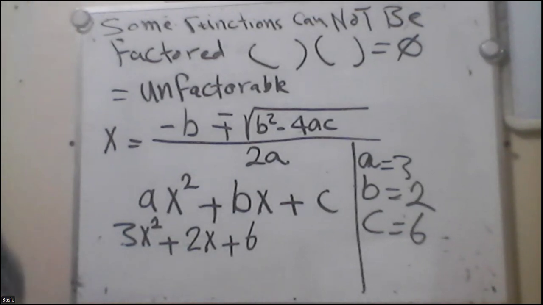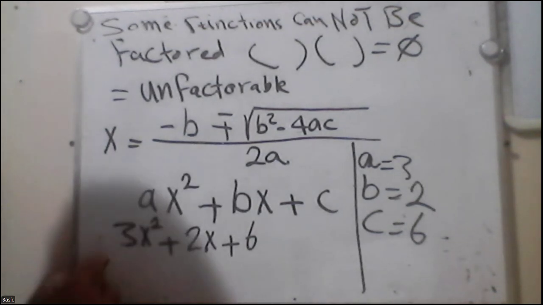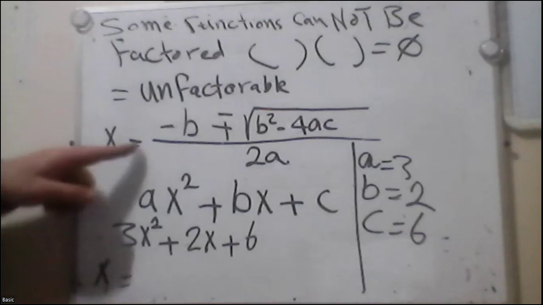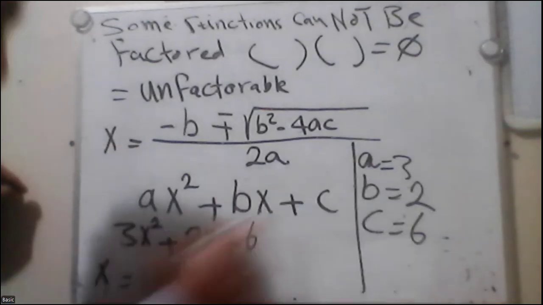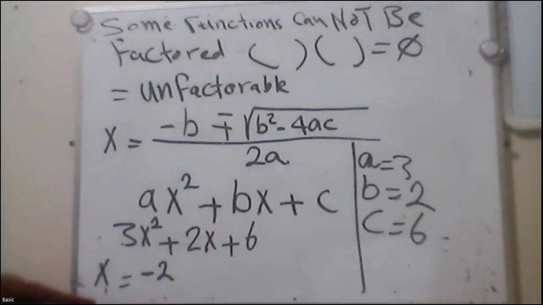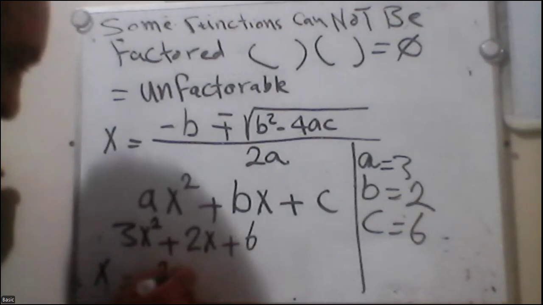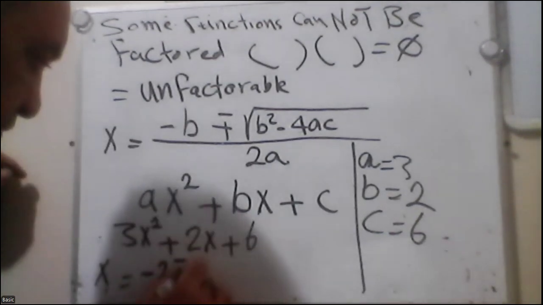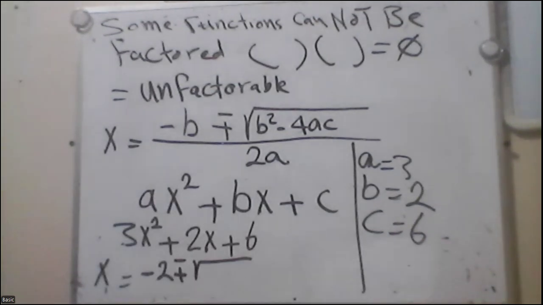Okay, let me apply this on the formula. To get the x points, it will be minus b, which means minus 2, plus or negative the square root of b squared.